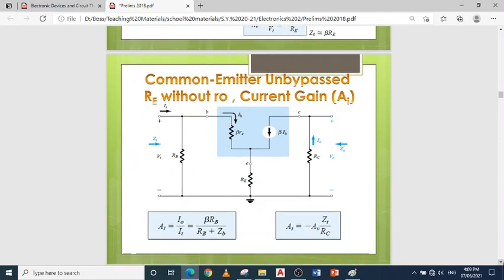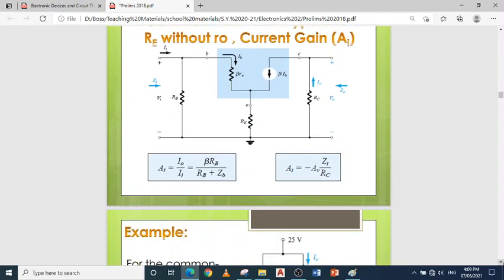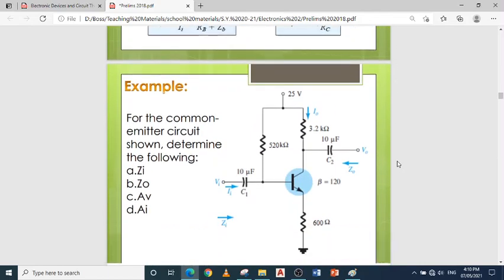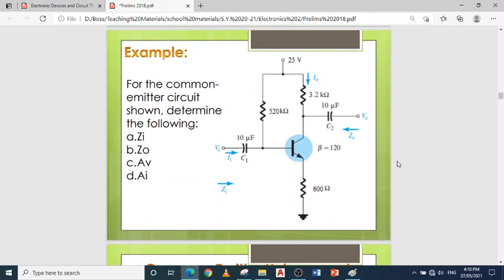Current gain: we also derived this earlier. Basically, when we say gain, it is output divided by input, whether voltage or current. This is the general formula for gain, output over input. So, an example for this given problem.